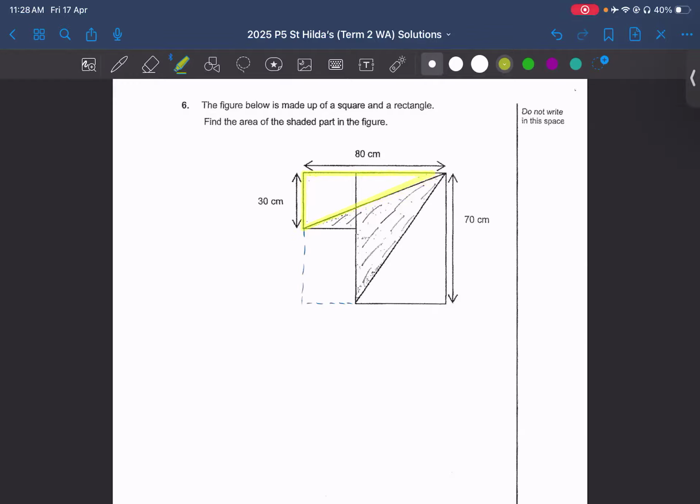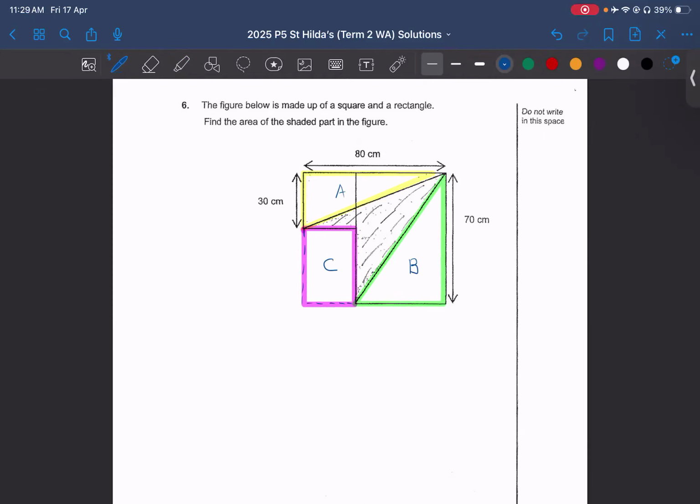See, there's a triangle here. I'm going to call this triangle A. There's a triangle below as well. I'm going to call this triangle B. And lastly, there is a rectangle here, which I'm going to call C. So if you imagine, now we have a big rectangle.